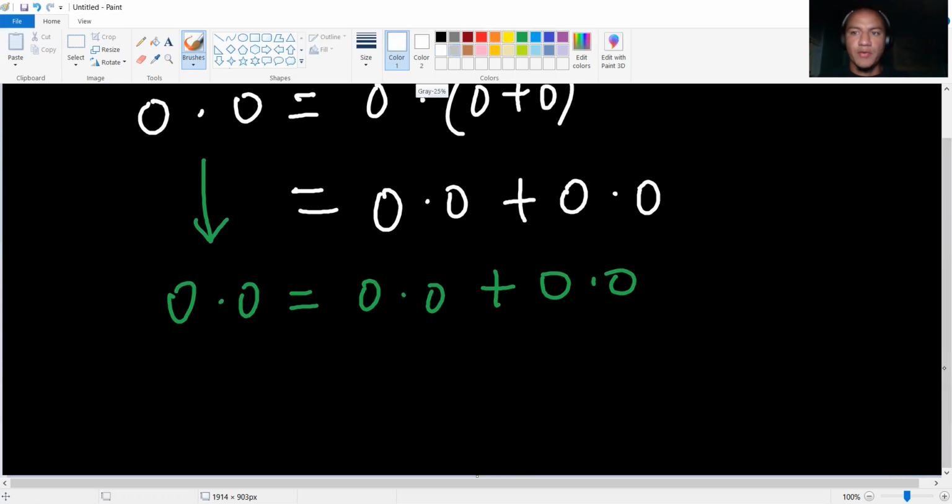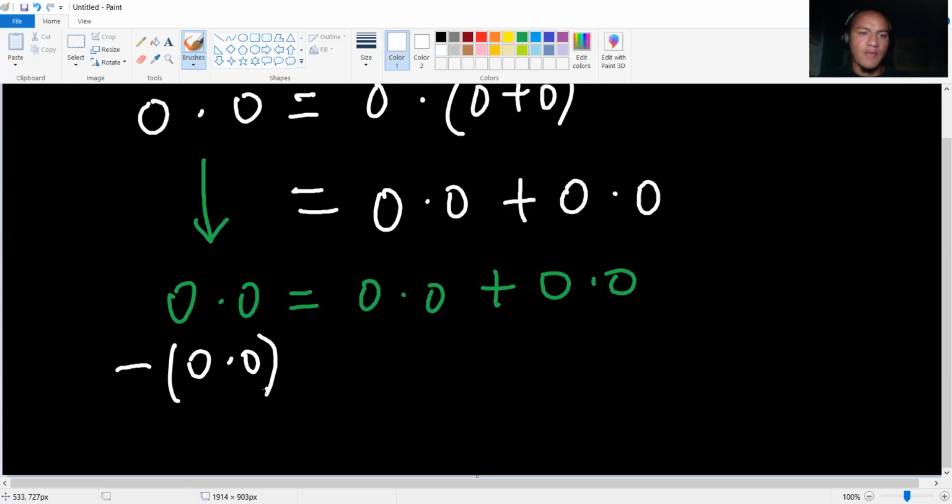Now we use additive inverse. And we have to basically add the inverse of 0 times 0 to 0 times 0. Here's what I mean.